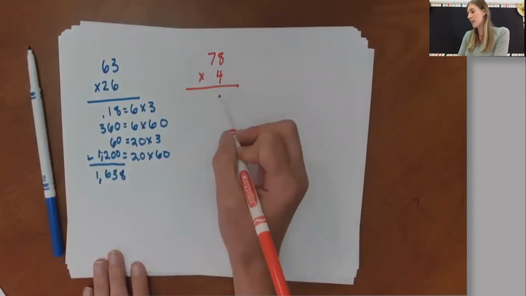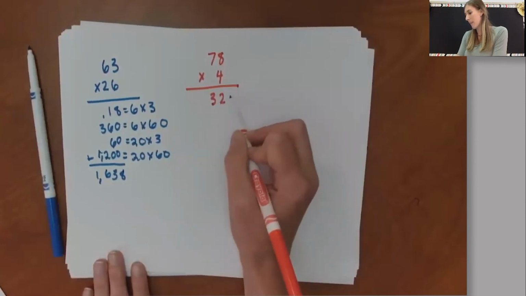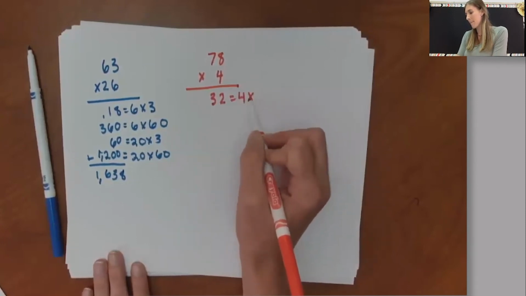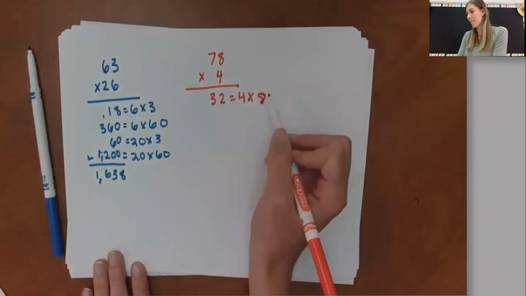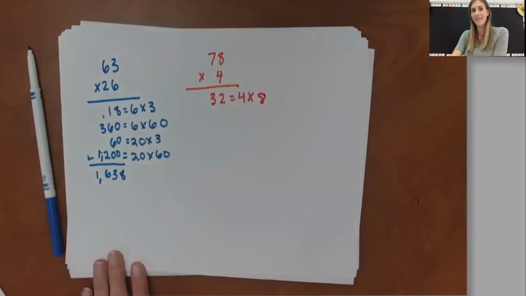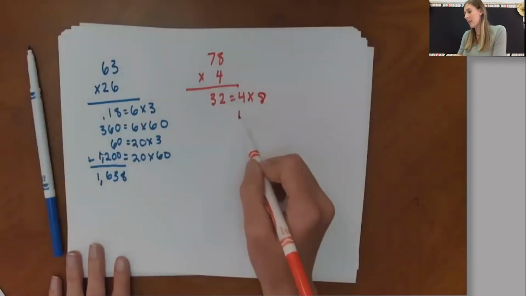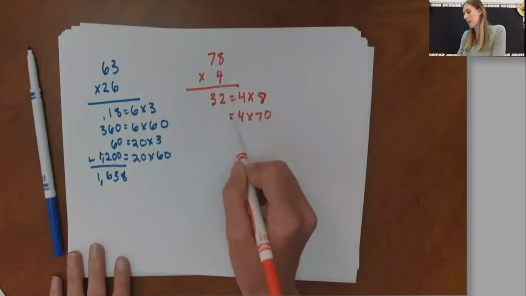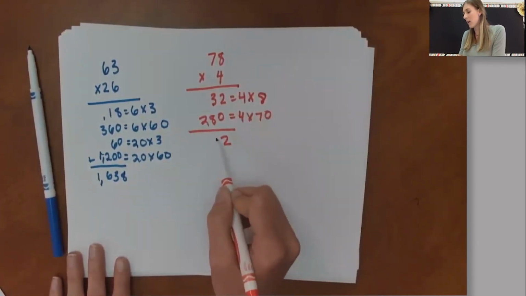4 times 8 is 32. And then 4 times 70 is 280. Add together my partial products.